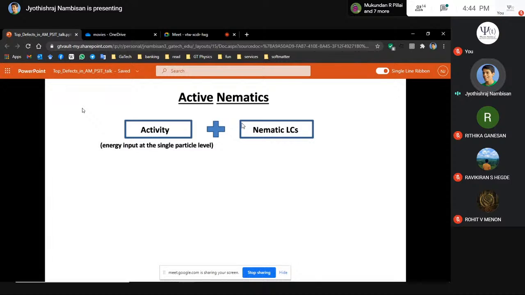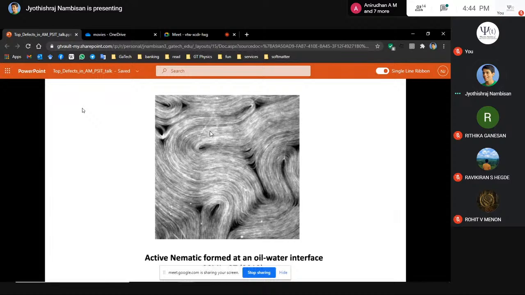You know that defects can be imposed in liquid crystal systems, but what fun things can we do when you also make those particles active? The intersection of this field has been very exciting for the past 5 to 10 years in soft condensed matter physics, and this is actually the experimental system with which I work.